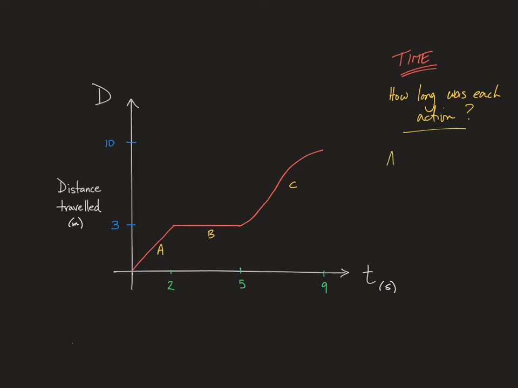In segments A, B, and C, we should be able to say how long that person was acting in each of those sections. So what I want you to do, pause the video again, jump in and give all three a shot.